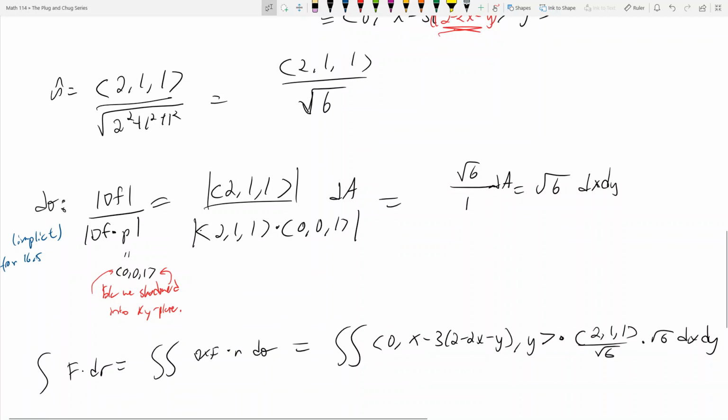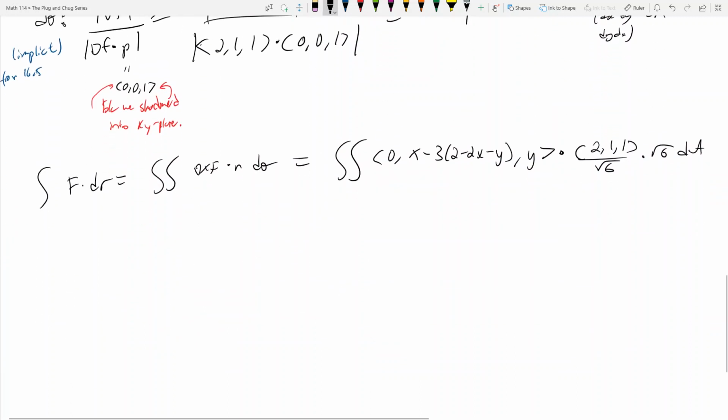It doesn't matter, let's write a dA for now. So this is dx dy or dy dx, because I need to figure out my bounds anyway, and we're not quite there yet.